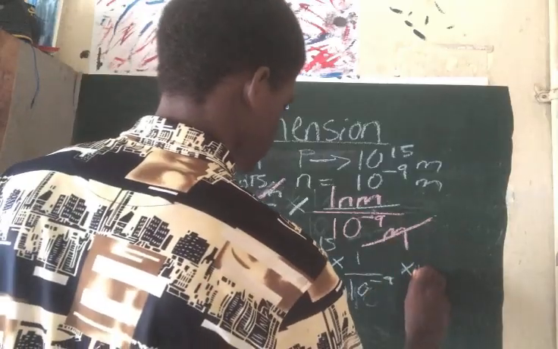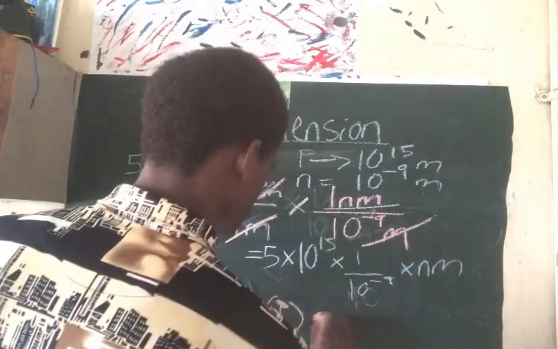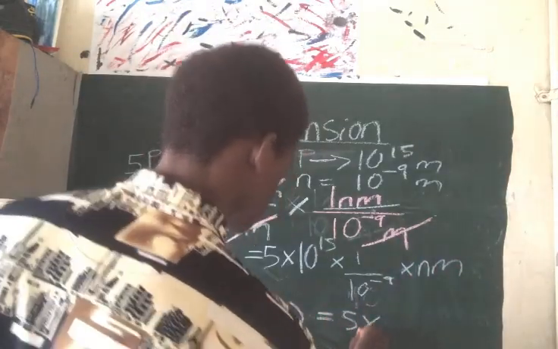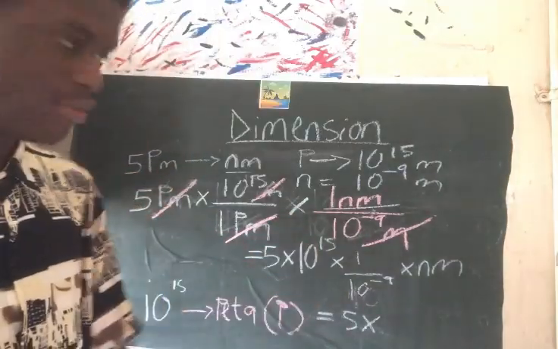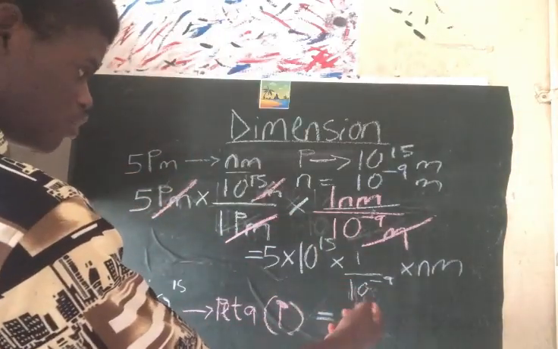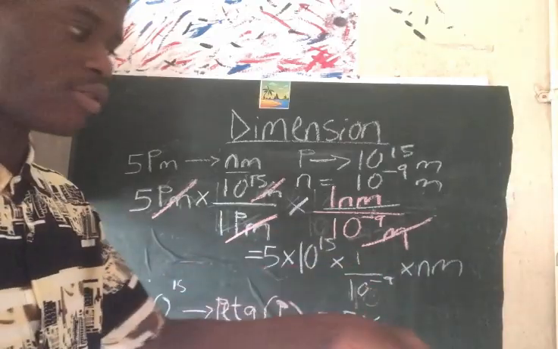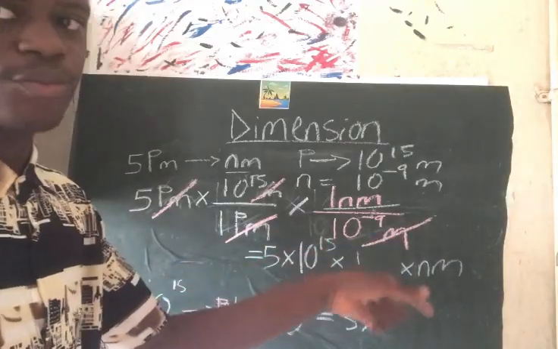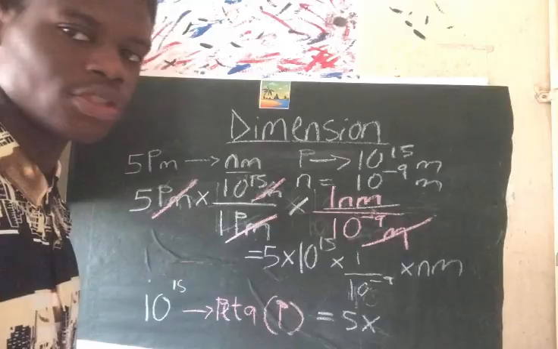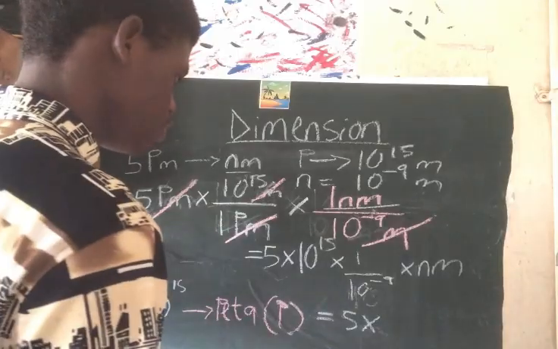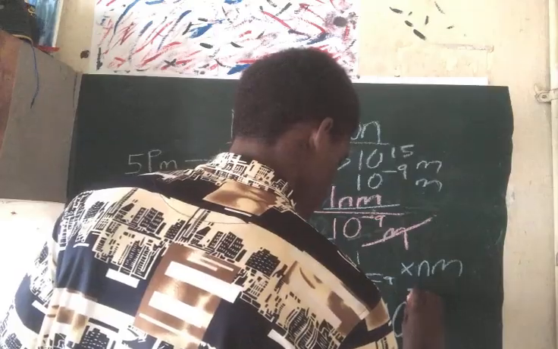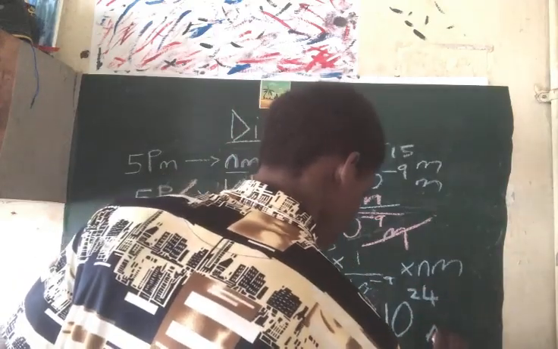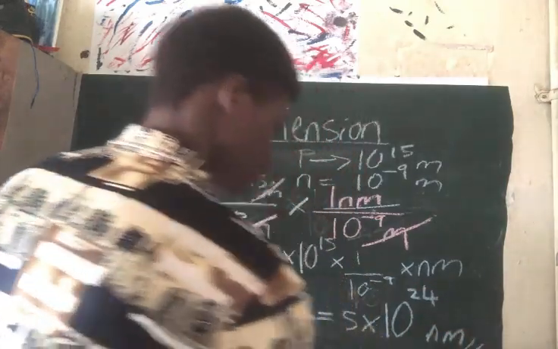When you do that, you get 5 times 10 to the power 15 minus, because this one is in the denominator, so 10 to the power 15 minus minus 9, which is 10 to the power 15 plus 9. And 15 plus 9 is 24, right? Yes, I'm correct. So it is 5 times 10 to the power 24 nanometer.